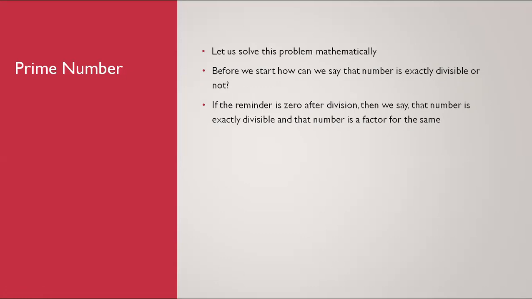As an example, if you consider 6: 6 divided by 1 leaves a remainder 0, and 6 divided by 2 leaves a remainder 0, which means 2 is also a factor. If you consider 3, 6 divided by 3 leaves a remainder 0.